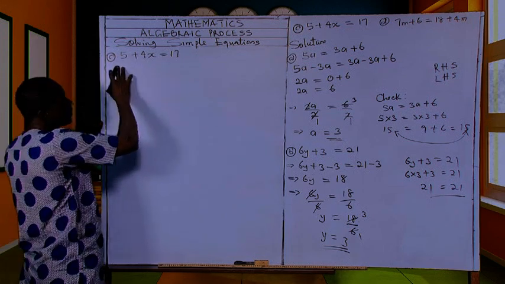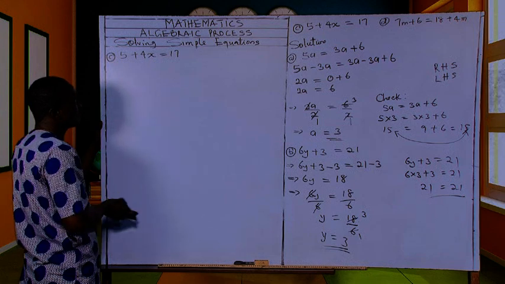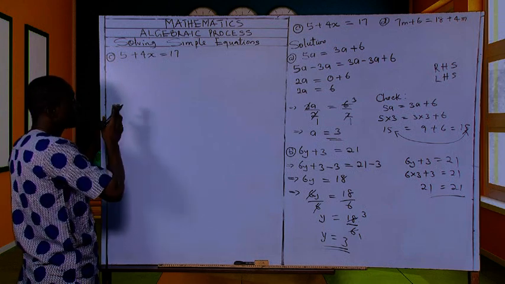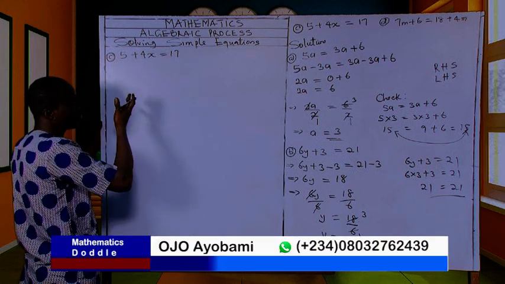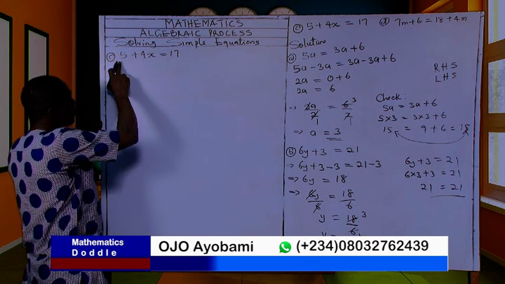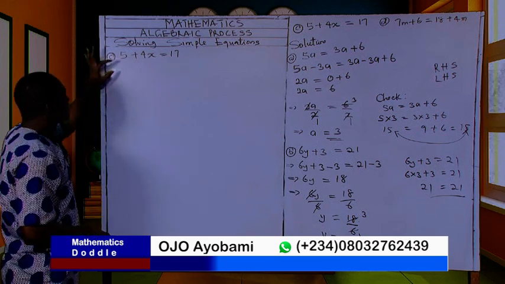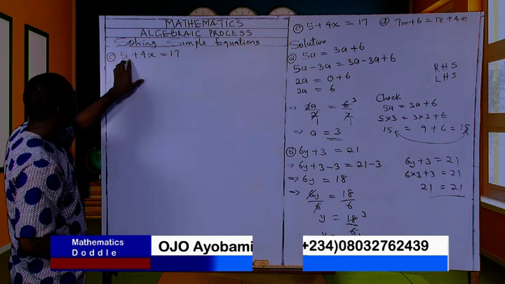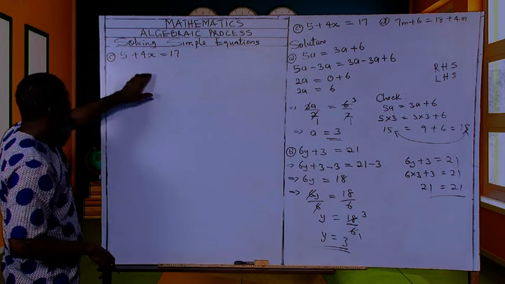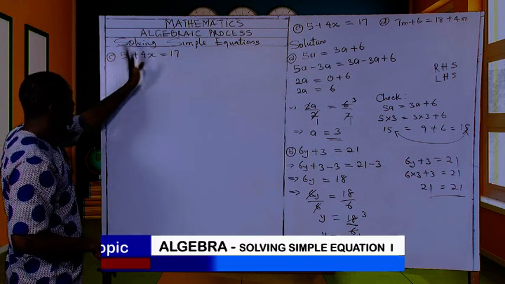So we want to move away this 5, and to do that, remember we are practicing the balancing method. What is 5 doing here? 5 is added to this 4x, so you have to subtract it from both sides.